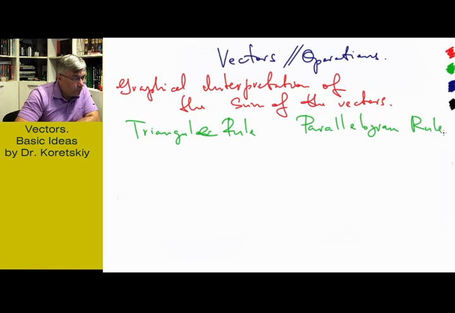For example, you have here vector a and vector b.